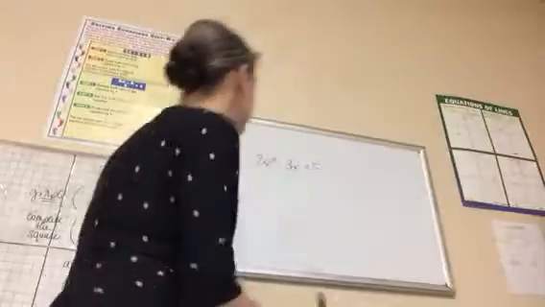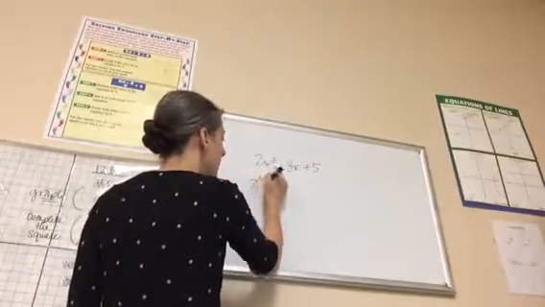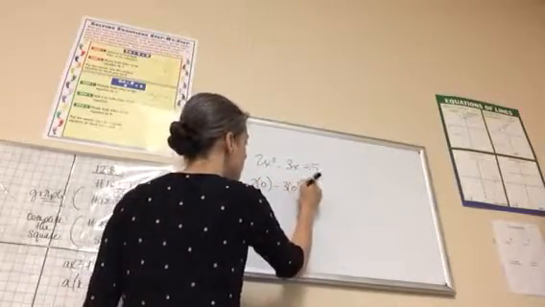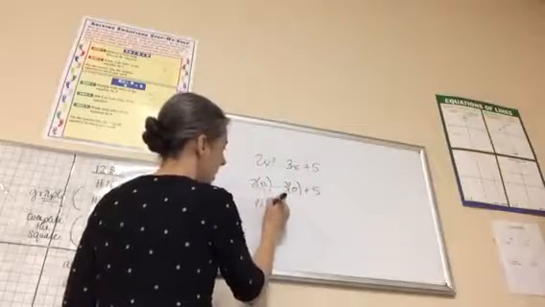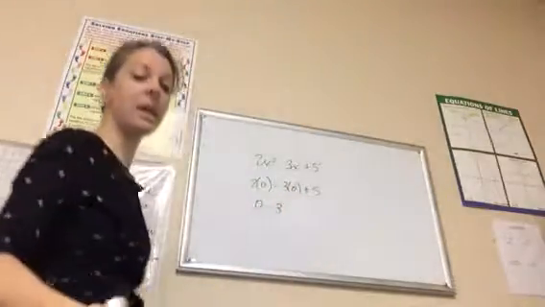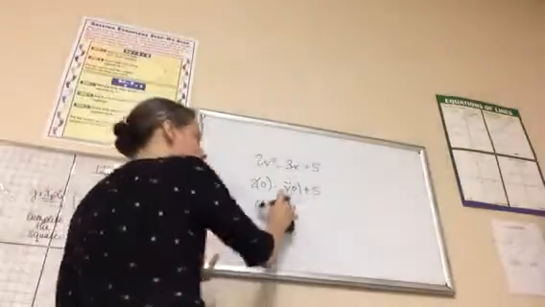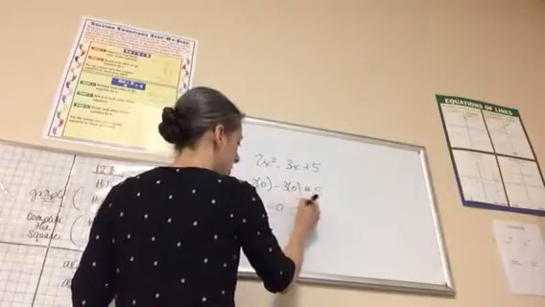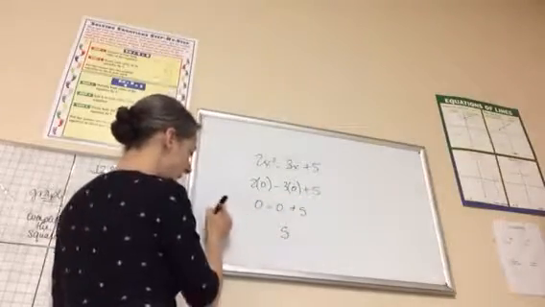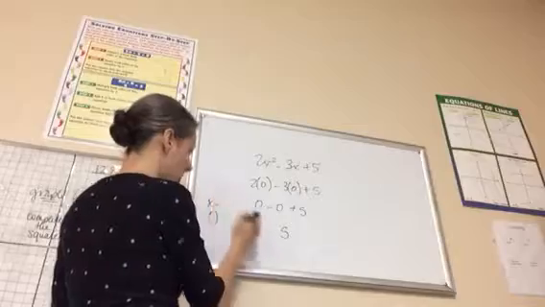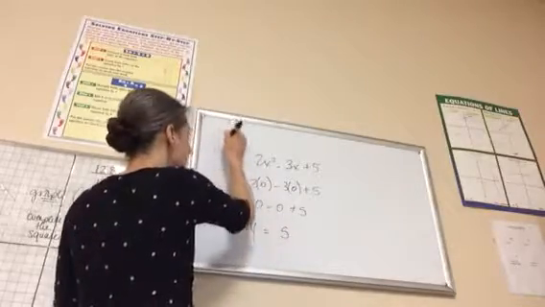How do we do that? We put a 0 in x's place. The y-intercept is the 0 of a function. And we see when x is 0, then y is 5.